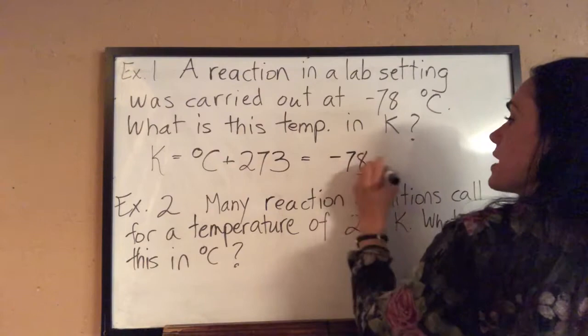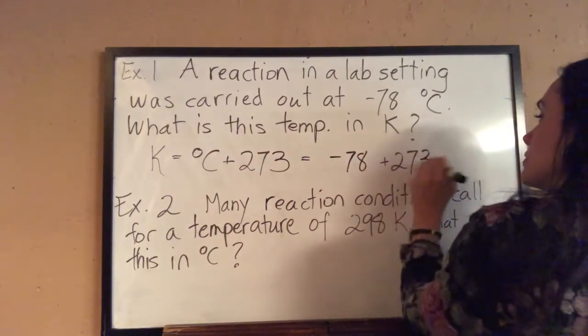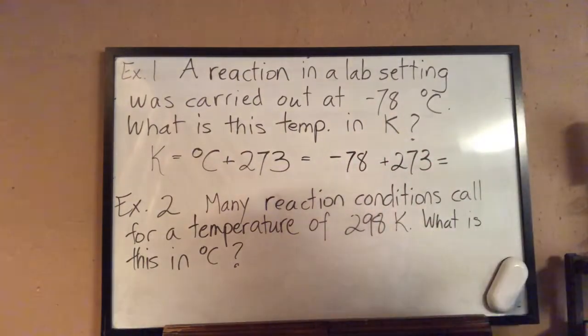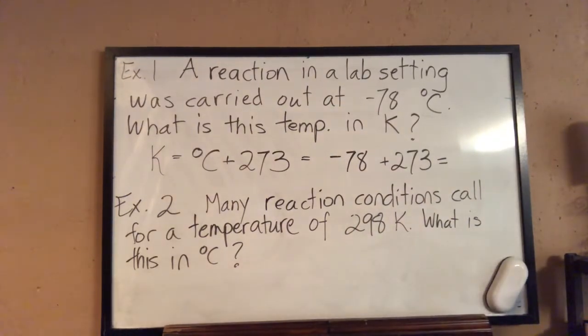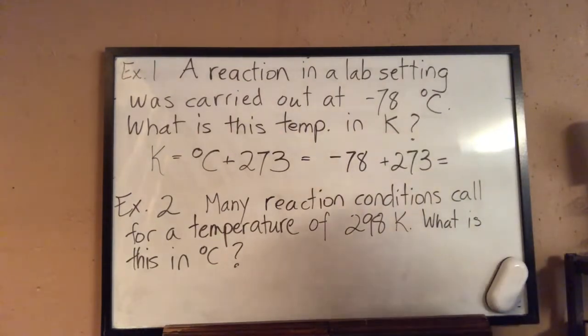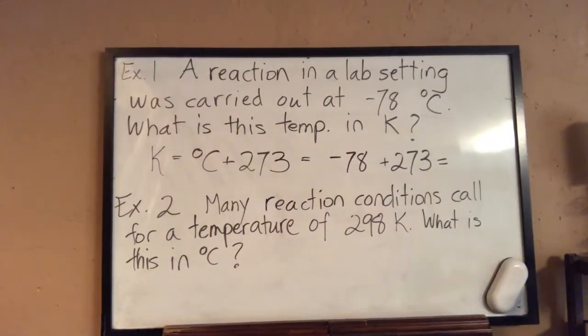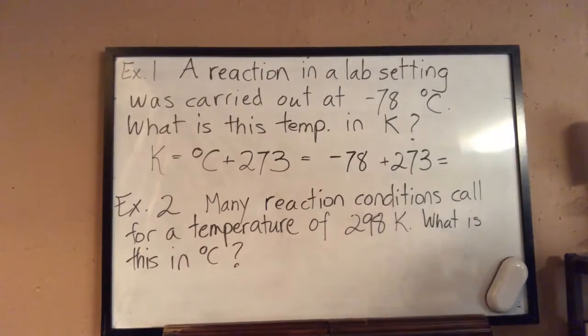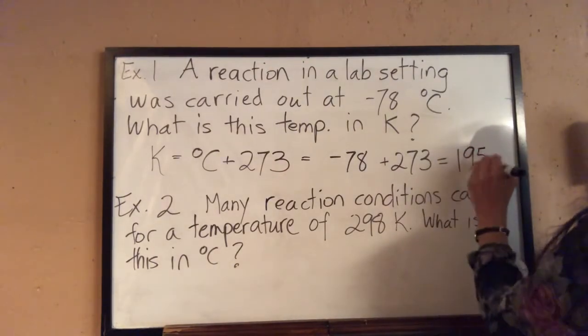Negative 78 plus 273. We have a fair amount of negative numbers in science. You will see negative numbers and you will see negative temperatures. So you add negative 78 plus 273 and you get 195 Kelvin.